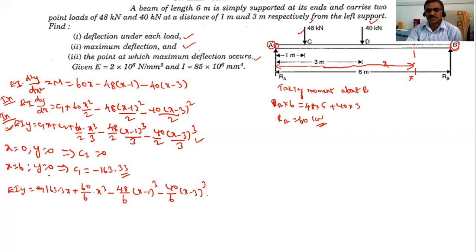So our objective is to find slope and deflection at point C and point D, and the position of the maximum deflection and the maximum deflection. So these are all the data we required.